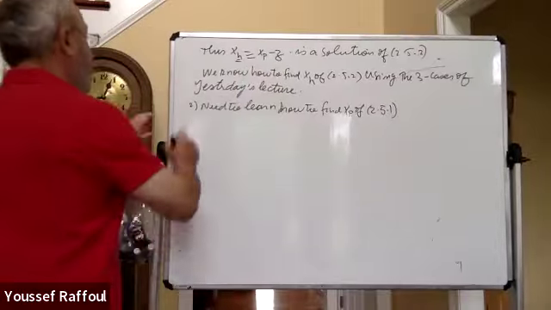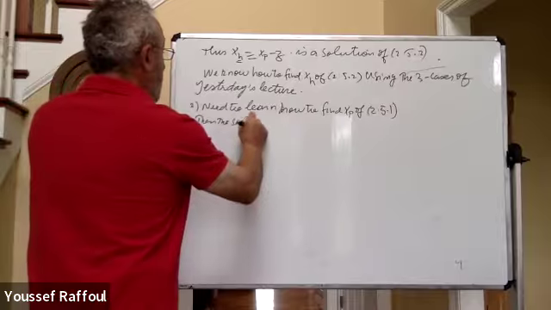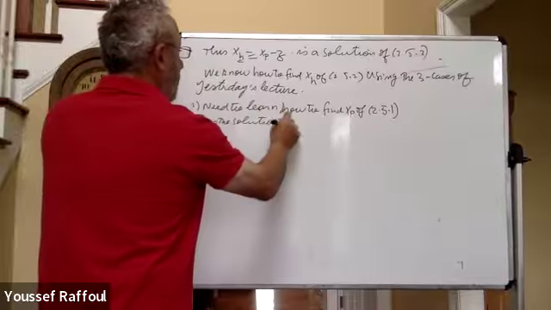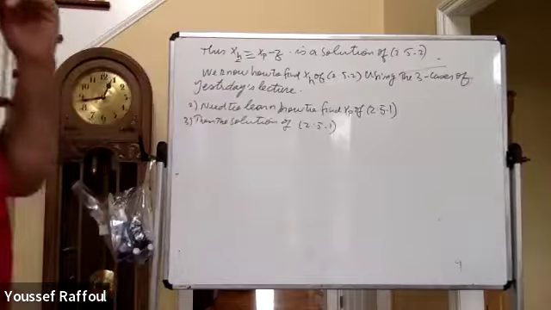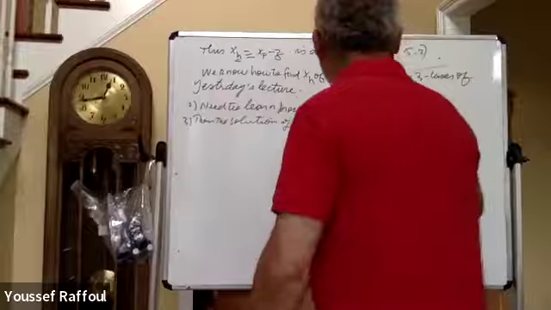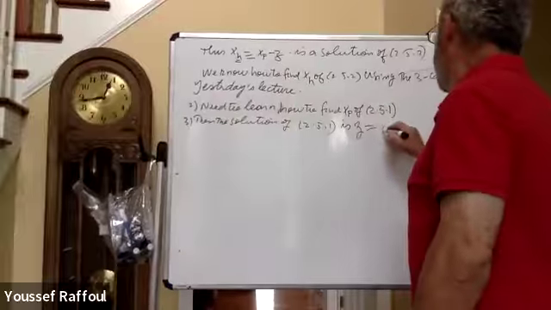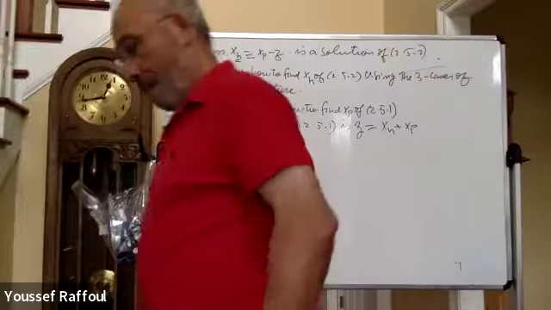Okay? And then thirdly, the general solution of 2.5.1 is z equal x_h plus x_p. Okay?